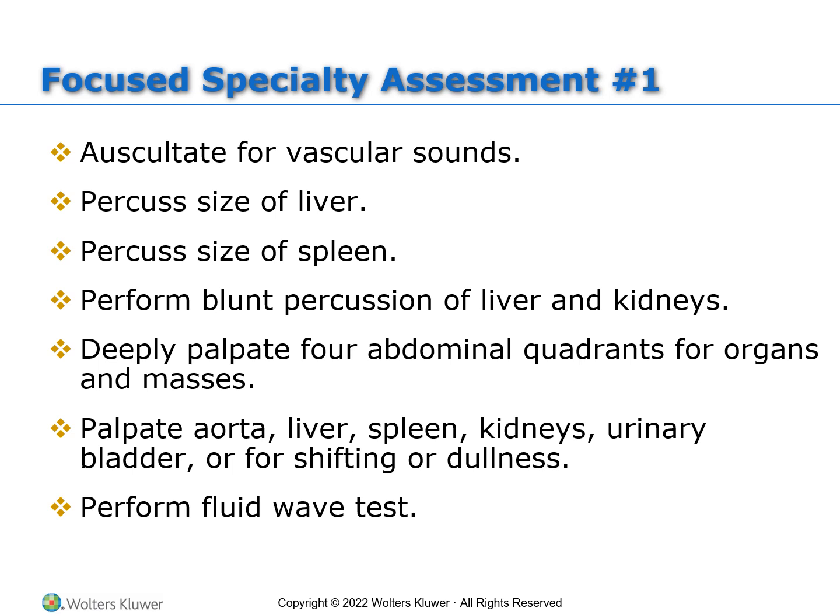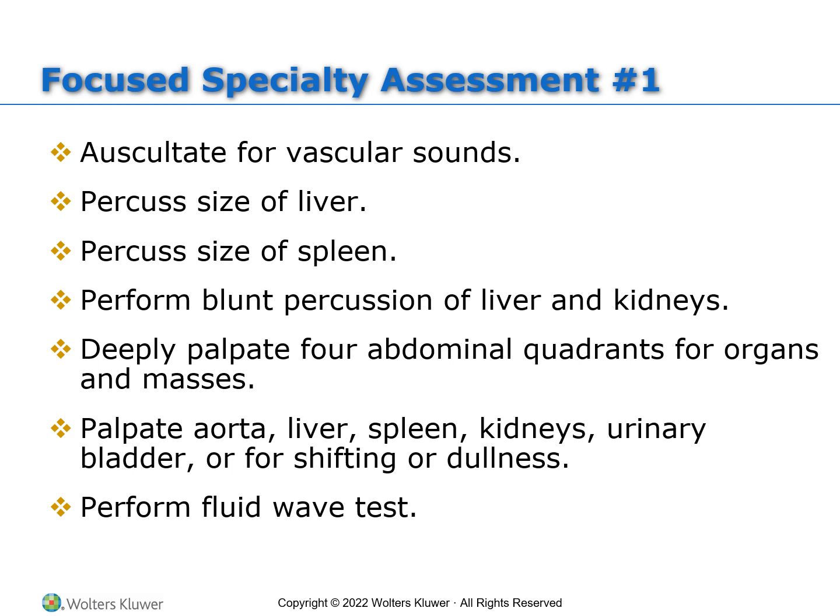All right, and you hear that with the bell of the stethoscope in the epigastric or umbilical areas. Okay, it's not a normal finding, it's rare, and that could indicate some sort of problem with collateral circulation between the portal and the systemic system, and that could be caused by things like cirrhosis of the liver.